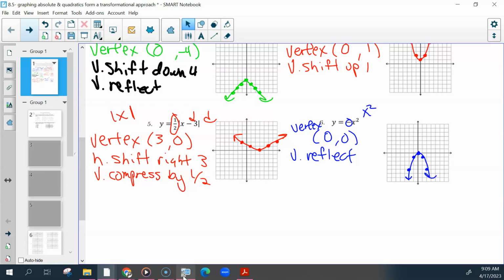Do we have any questions on how to graph absolute value or quadratic functions using our transformations or the calculator? So you could be working on a few things for the remainder of class. That's all we're doing today. Khan Academy, pass Khan Academy if you need to do that.